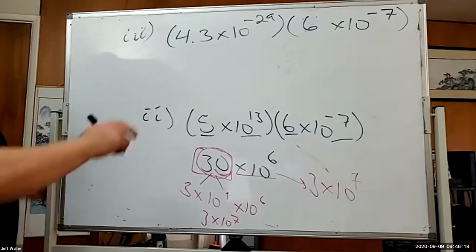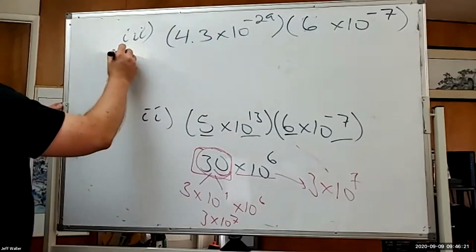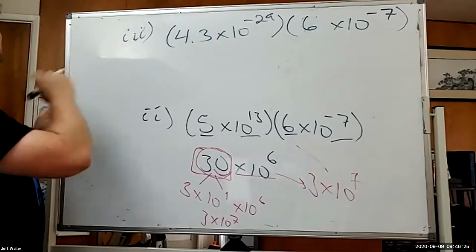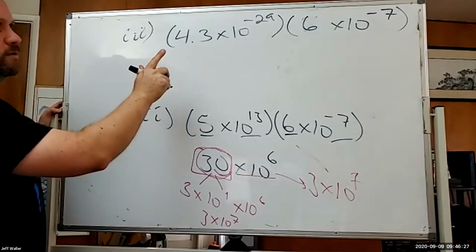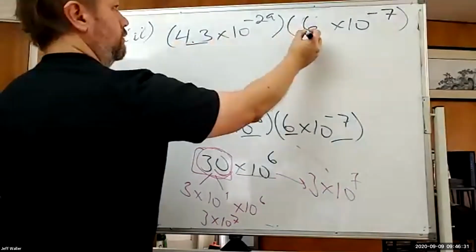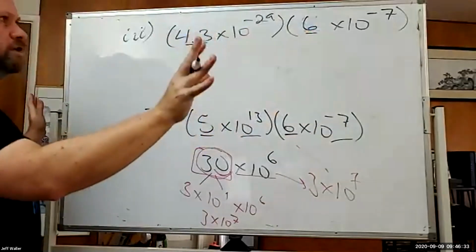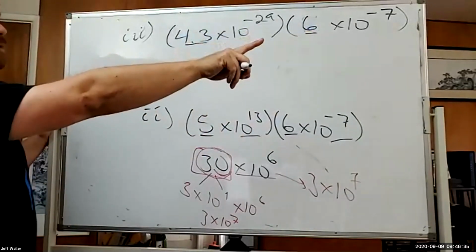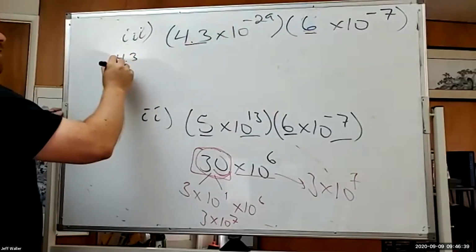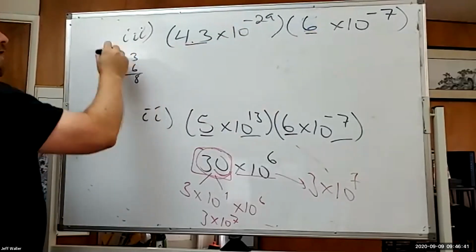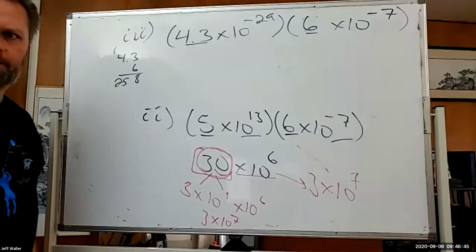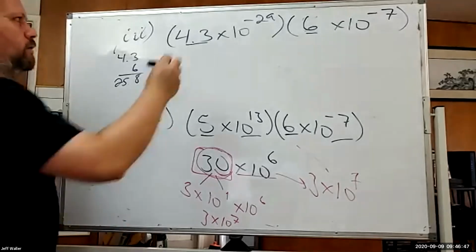So if I was making you do all this by hand, what do you do first? Multiplication of 4.3. No. We're not changing anything. We're just doing this multiplication. 4.3 times 6, so you get 25.8.